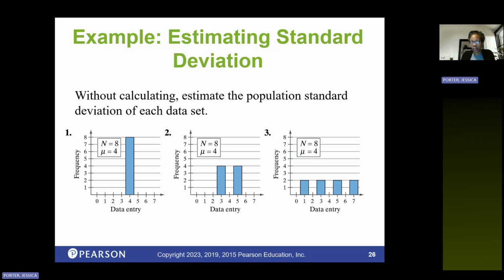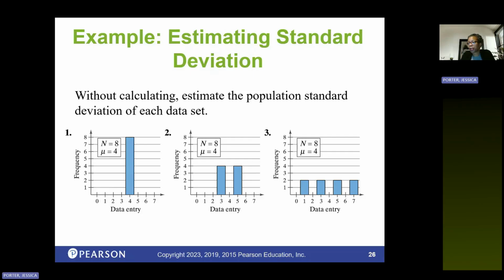What do you think the population standard deviation is of number 1?